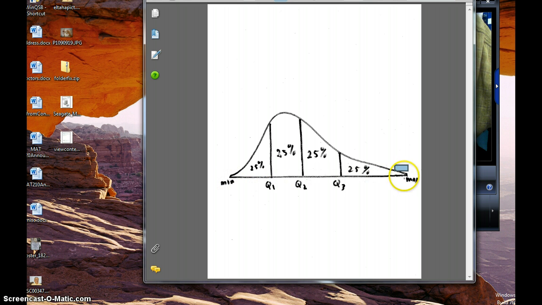You see those intervals are not equal, because they are picked so that a quarter of the data is in each one of them. And you can see here that each one of these intervals contains 25% of the measurements. So that's an alternate way of summarizing data. And that's the end of this topic.